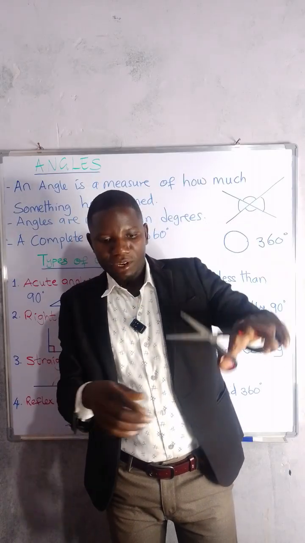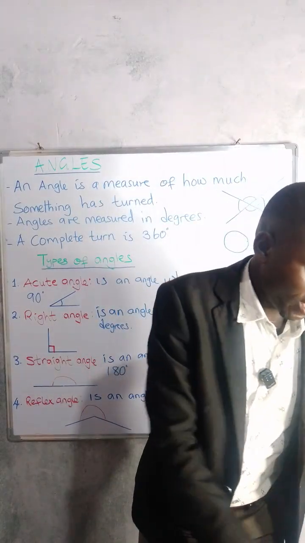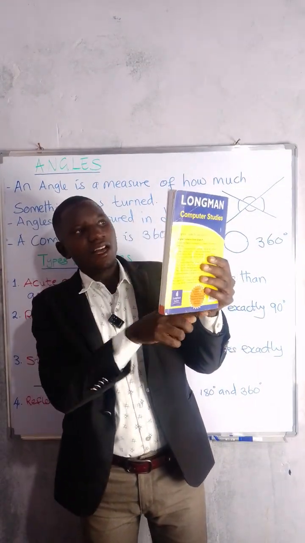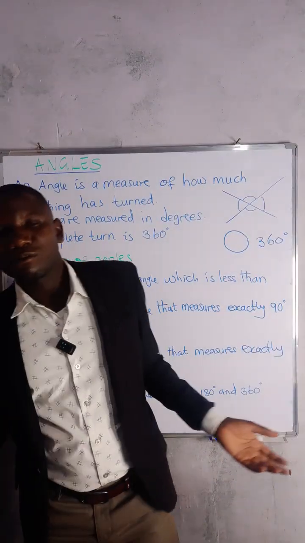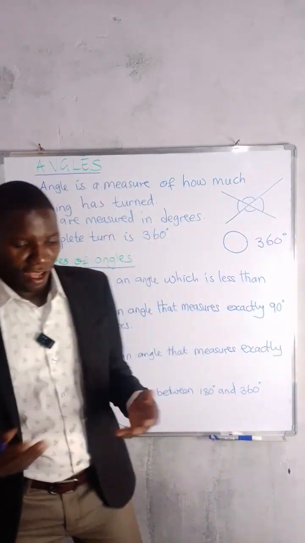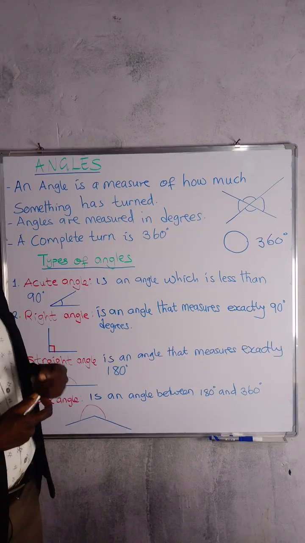So angles are everywhere. If I look at this book, all these are angles. Angles are there wherever we are, on our roads, in our homes. Angles are everywhere.